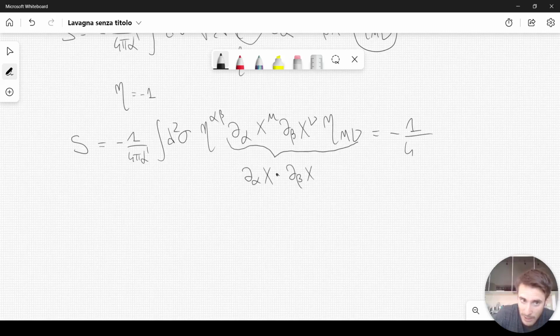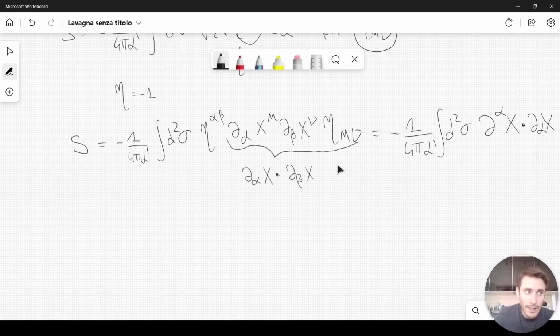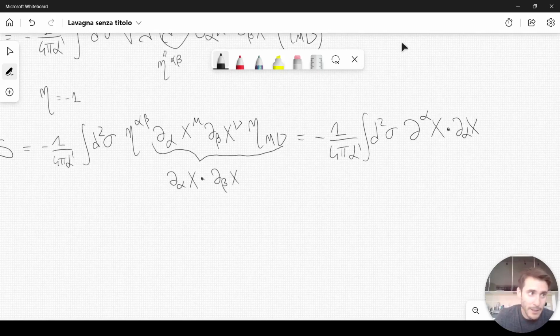So we have the same constant minus 1 over 4 pi alpha prime integral d squared sigma, and then we can write d alpha x dot product with d alpha x. So this is more compact.